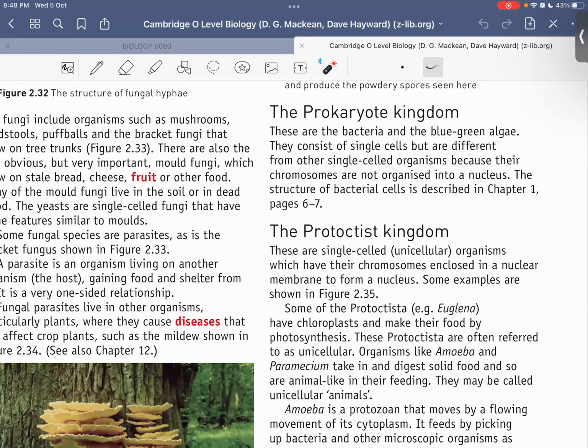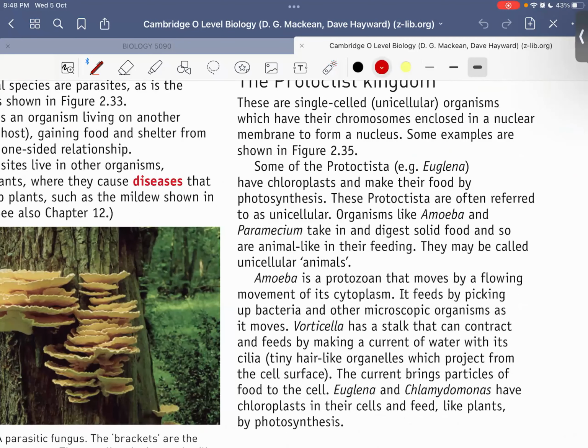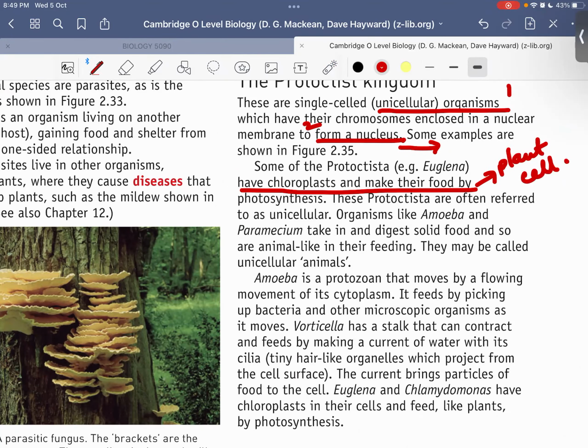As I told you, Protoctists have many features. They are single-celled also. They have a true nucleus also. Number two, some of them have chloroplasts also. So look how mixed it is: this is a feature of the animal cell, this is a feature of the plant cell. These Protoctista are often referred to as unicellular.